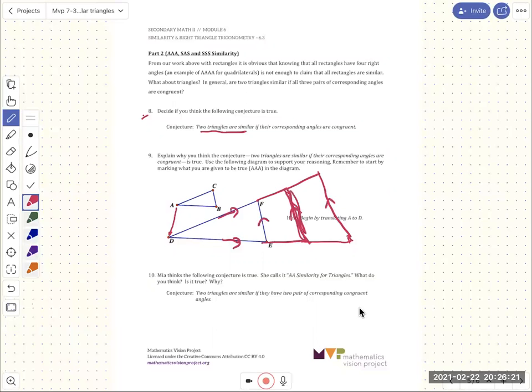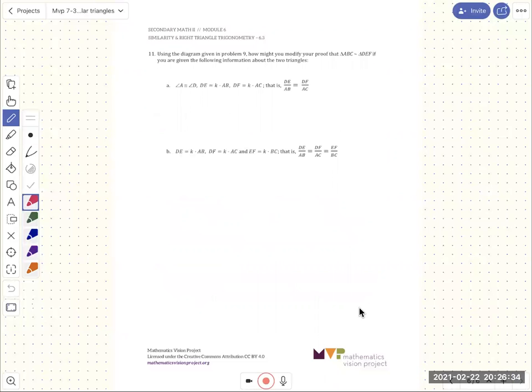And so now we look at 10. So 10 is the AA similarity that we worked on. And so you might say, we have kind of a simple argument to say why that's true. So let's see if we can copy that diagram.